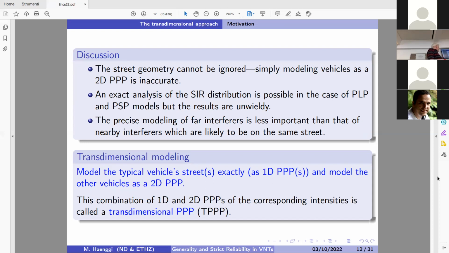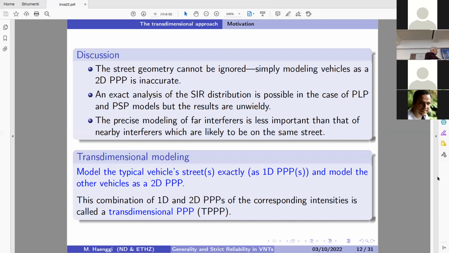We notice that the precise modeling of the interferers that are far away is less critical. We want to be accurate in the immediate vicinity of the vehicle under consideration, but we can be more generous further out. That's what led to this idea of transdimensional modeling.